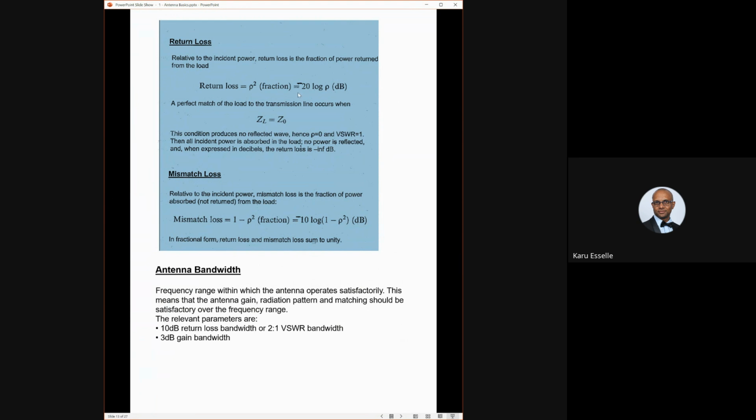So when we write it in dB, it is minus 20 log base 10 of rho, or minus 10 log base 10 of rho squared, because 10 log rho squared becomes 20 log rho, so it's minus 20 log rho.